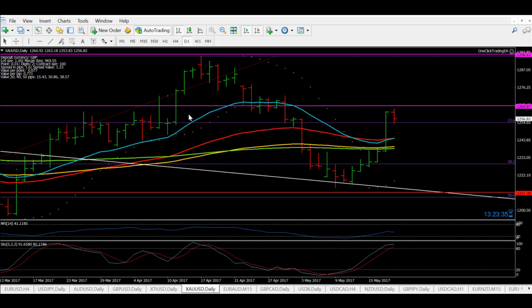Obviously, we've got a slight risk aversion from investors, so obviously moving to a safer market in gold, and we've seen the weakness in the dollar, so that together has driven the price of gold well above that 1250 region after having been floating in the 1230s. So a move of around $20 per troy ounce on gold.